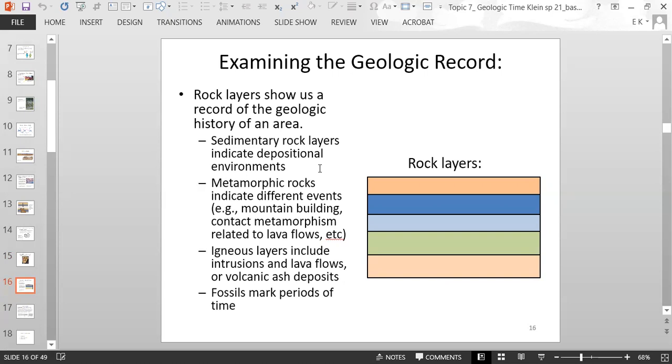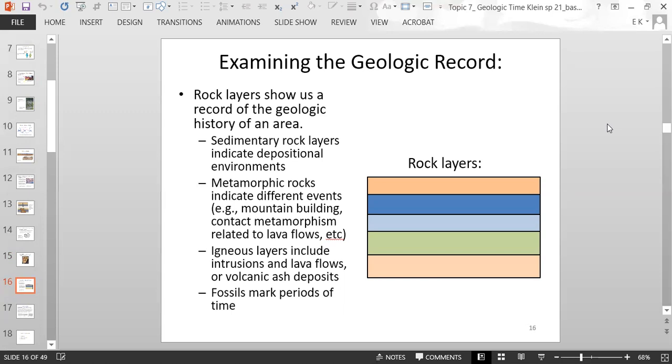Metamorphic rocks indicate different events like mountain building, or maybe there was contact metamorphism related to a lava flow. And igneous layers include intrusions and lava flows or volcanic ash deposits, which tell us about the igneous activity in an area. And then also fossils mark different periods of time. So when you look at rock layers, there's a lot of information about the geologic history that happened in an area.